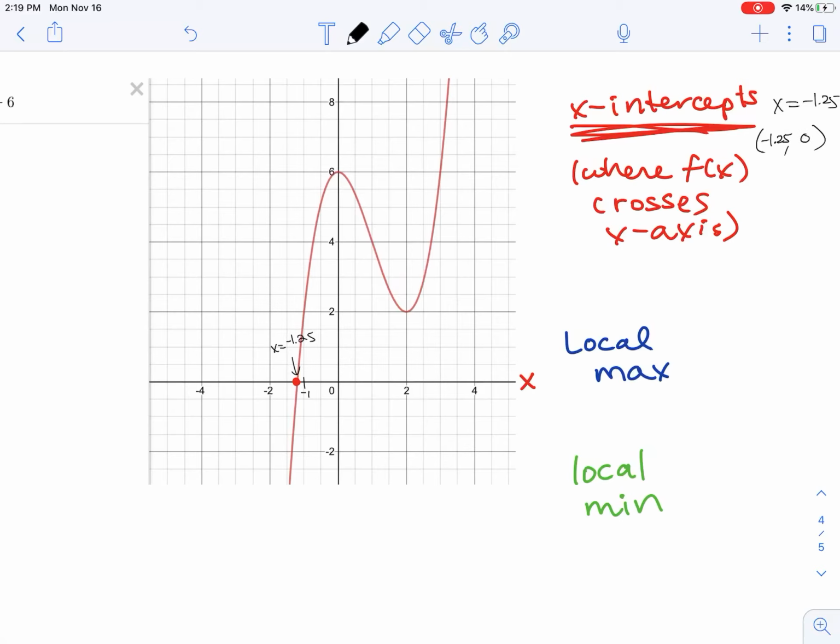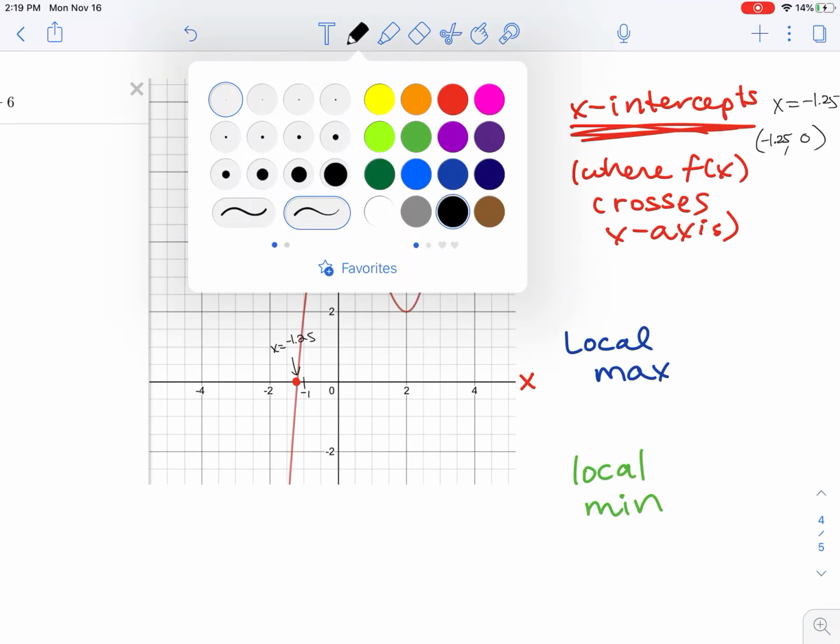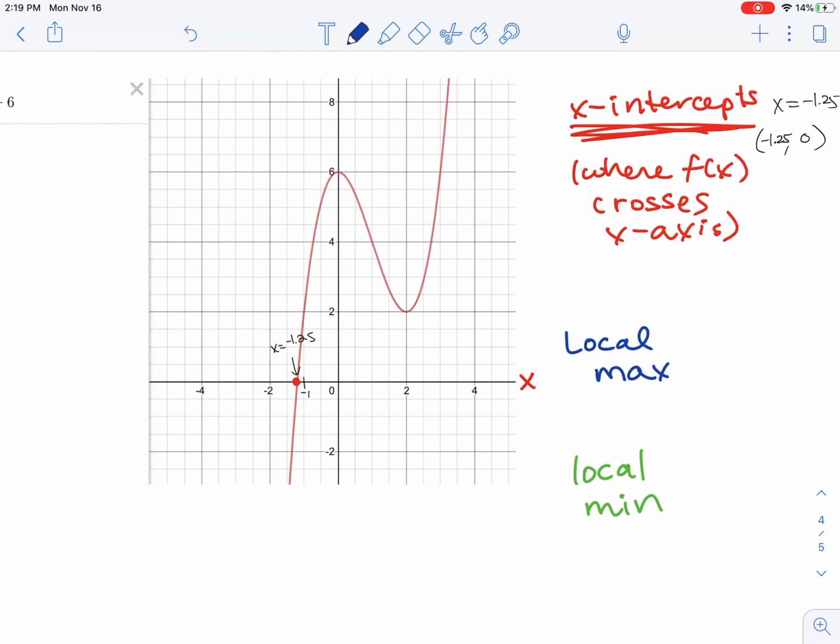Remember, our local max is like a peak or the top of a mountain, so we see that right here as a local max. The way we would say that is, first we look at what our height is at that local max. We saw that it was 6.